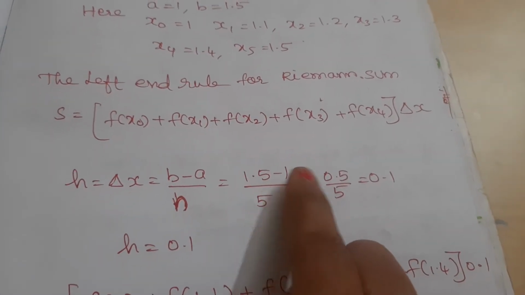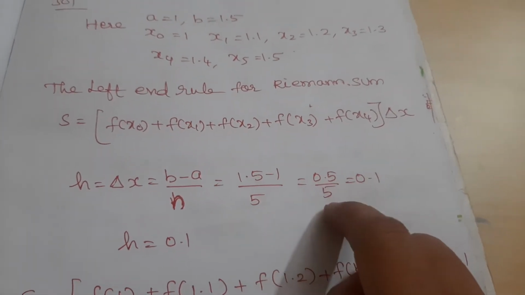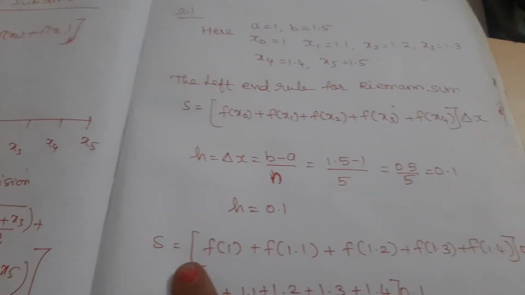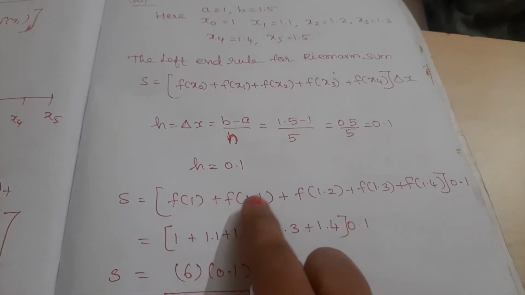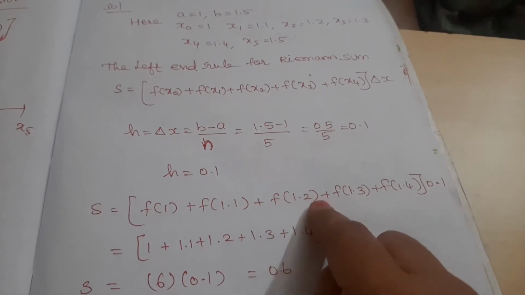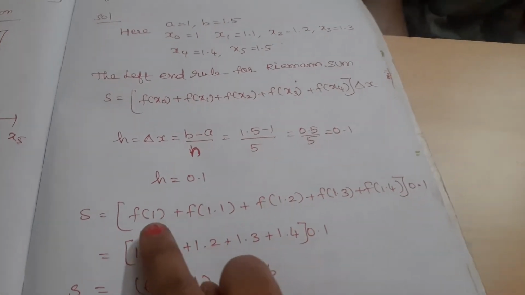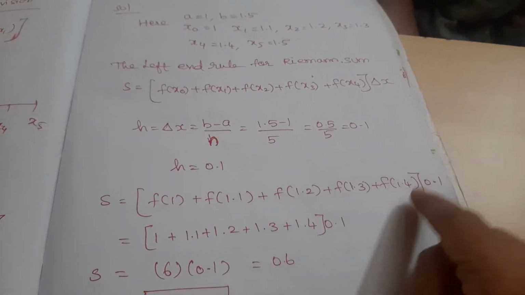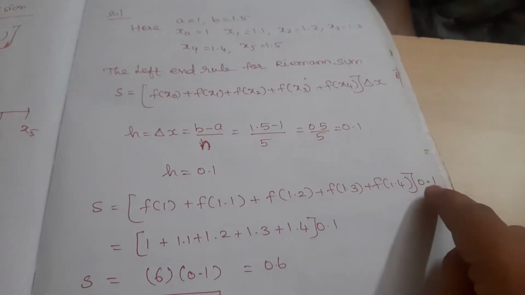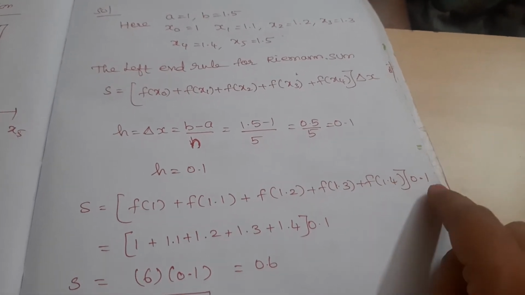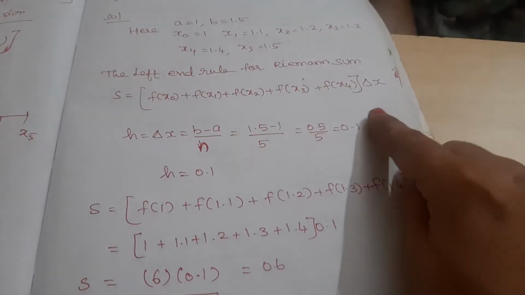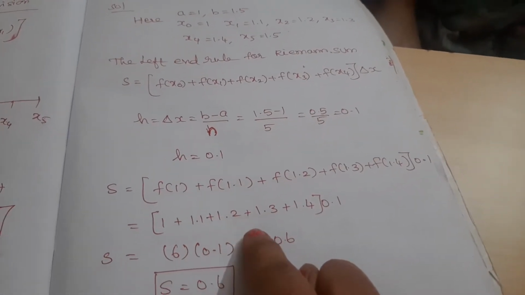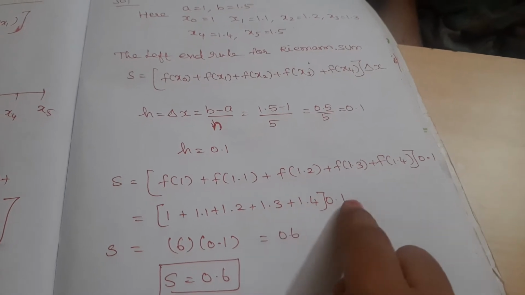That is (1.5 minus 1) by 5, that is 0.5 by 5, that is 0.1. Here h is equal to 0.1. So S is equal to f of 1 plus f of 1.1, 1.2, 1.3, 1.4, that is x0, x1, x2, x3, x4. Because we have 5 subintervals, we start from x0 and complete with x4, into h or delta x, 0.1. So 1 plus 1.1 plus 1.2 plus 1.3 plus 1.4 into 0.1.